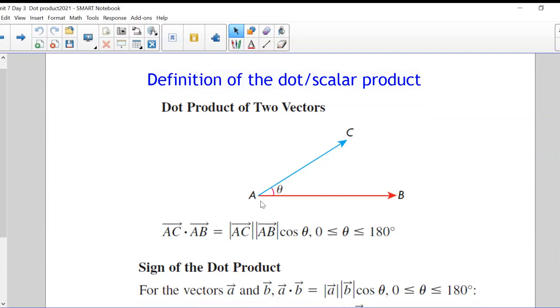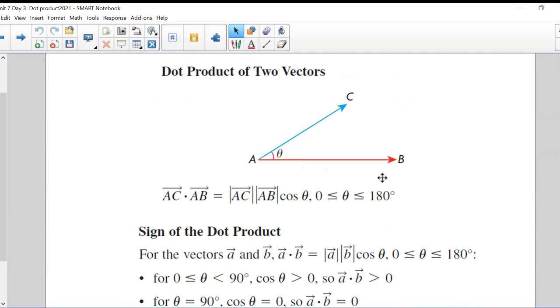But looking at this diagram right here, if I had vector AC and vector AB, then it turns out that their dot product, and this is the first thing that I want you to pay attention to, we'll get to how we actually compute them in a second, is exactly equal to the magnitude of the two vectors, so how long this vector is and how long this vector is, multiplied by the cosine of the angle between those two vectors.